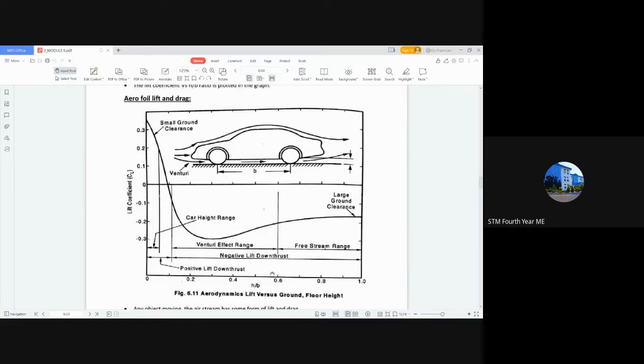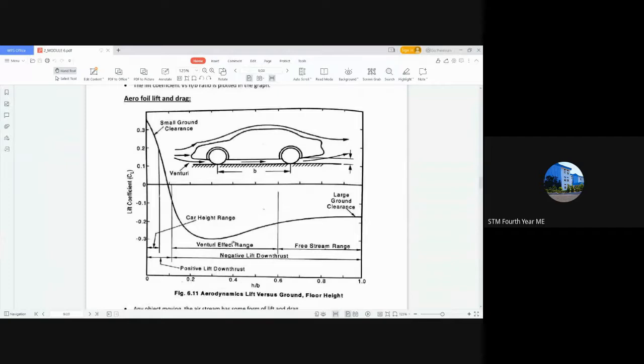As ground clearance increases, here it is 0 and here it is 1, you can see the CL decreases. It is mostly lower at this point.